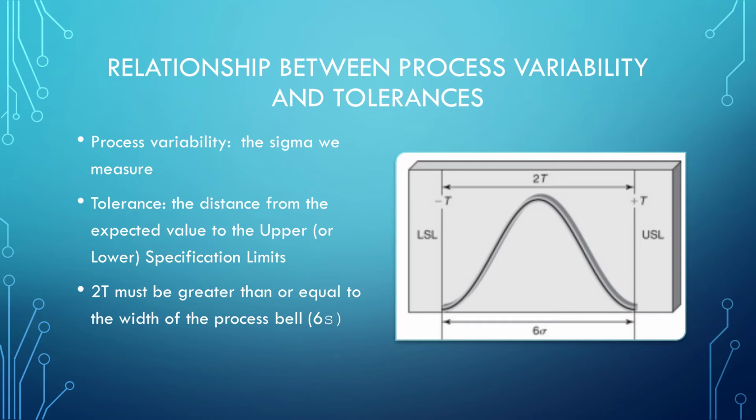So in order for our process to be capable, 2t, the distance of the specifications, must be greater than or equal to the width of the process bell. And the width of the process bell is 6 sigma, 3 sigma up and 3 sigma down.